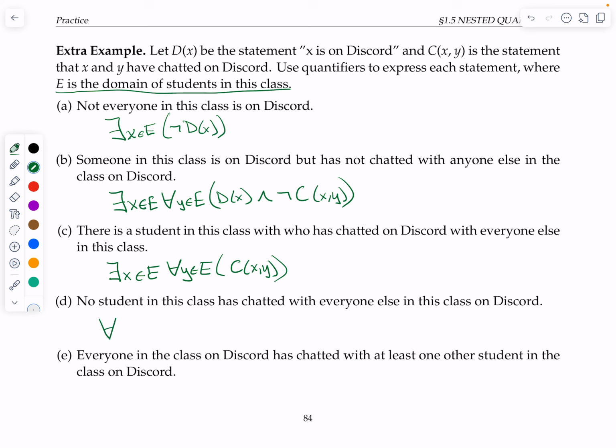So no student means that this is going to be true for everybody. For all students in this class, there exists another student in this class where the first student has not chatted with the other one.